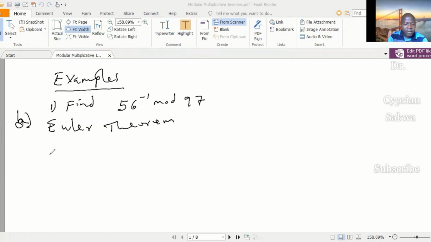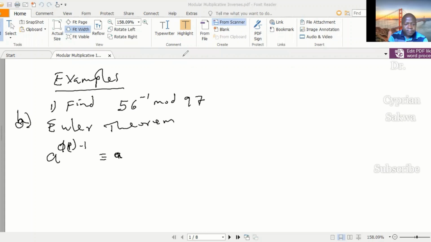To find the inverse, the Euler theorem says that a raised to phi of p minus 1 will be congruent to 1. Now this will be the inverse.